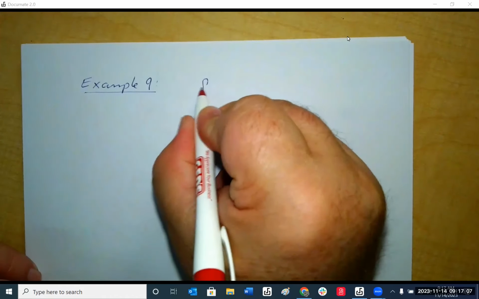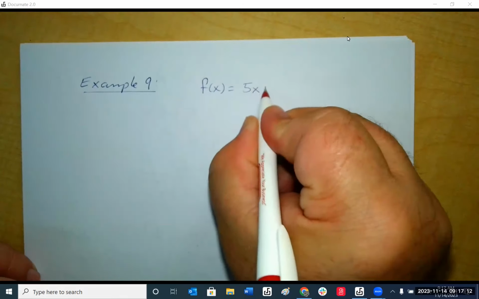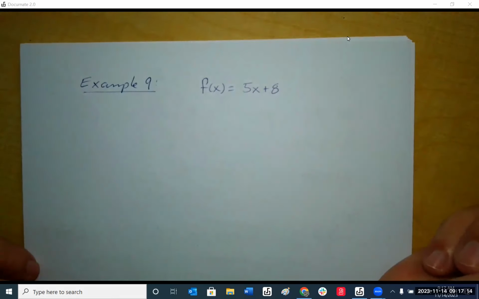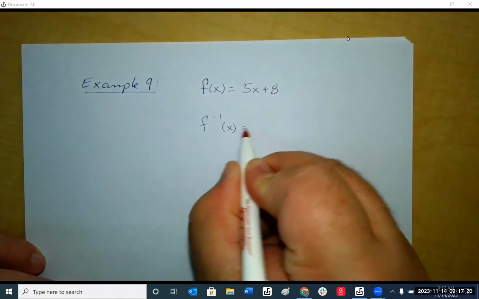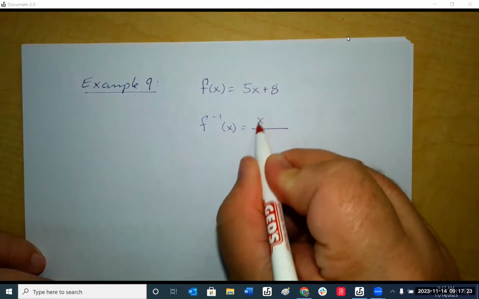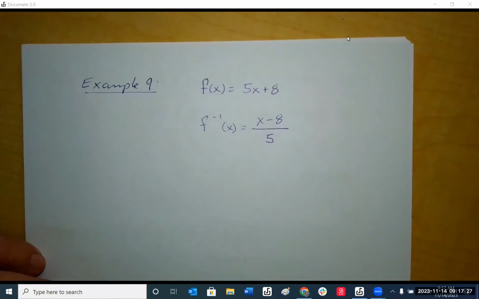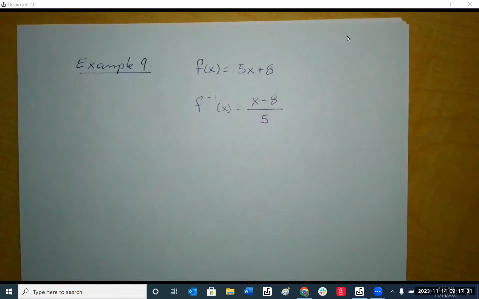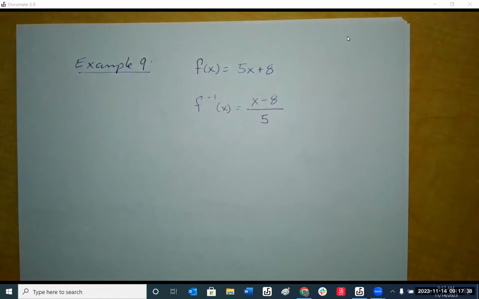Given f of x is equal to 5x plus 8, use the composition of functions to show that f inverse is the inverse of f. So here's a function, here's the inverse. How do we prove that they're inverses?